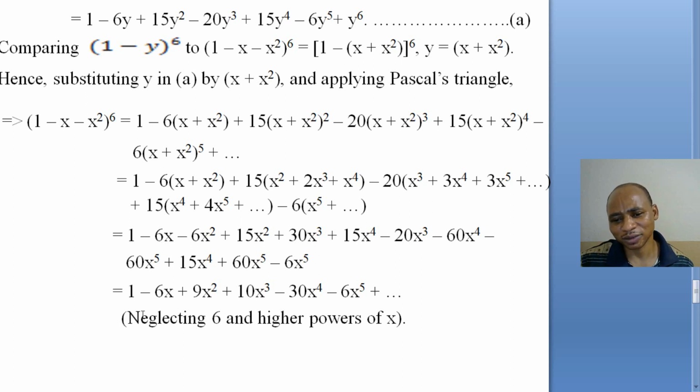And don't forget, we were to end at the 5th power, so we end up neglecting the powers of 6 or higher. Hence the answer: 1 minus 6x plus 9x squared plus 10x cubed minus 30x raised to the power 4 minus 6x raised to the power 5, and so on.